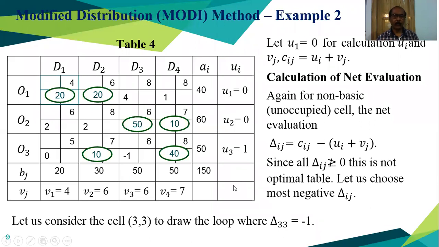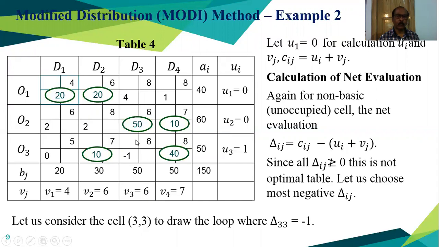Now again we have to calculate the delta by using the formula delta ij is equal to Cij minus (Ui plus Vj). This is the net evaluation. 0 plus 6, 6, and 0. So this should be 2. This is okay. 0, 6.